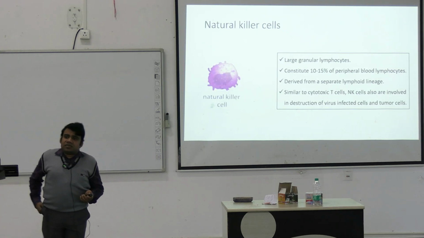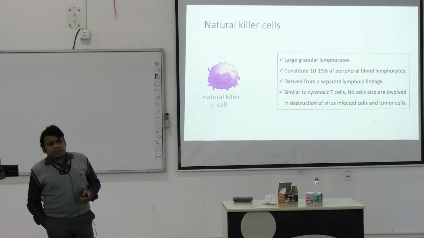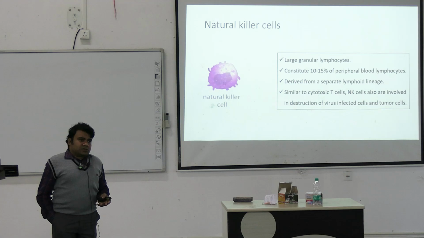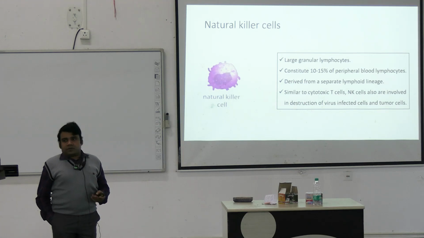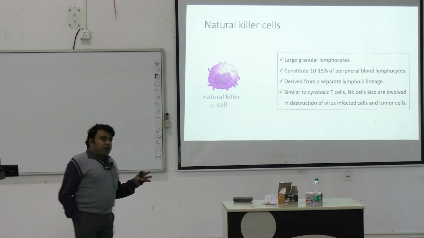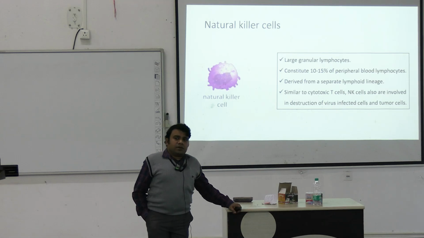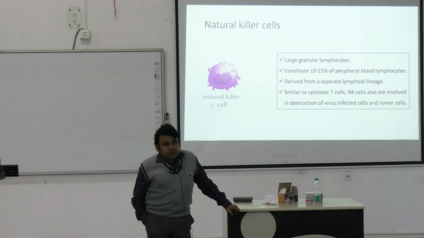It is the natural killer cell. Why is it called natural killer cell? Because it is a part of the innate immunity. And what does it do? Kills what? Own cells. Now if these cells are allowed to act without any specific orientation, what will happen? It will destroy most of the human tissue. But that doesn't happen.